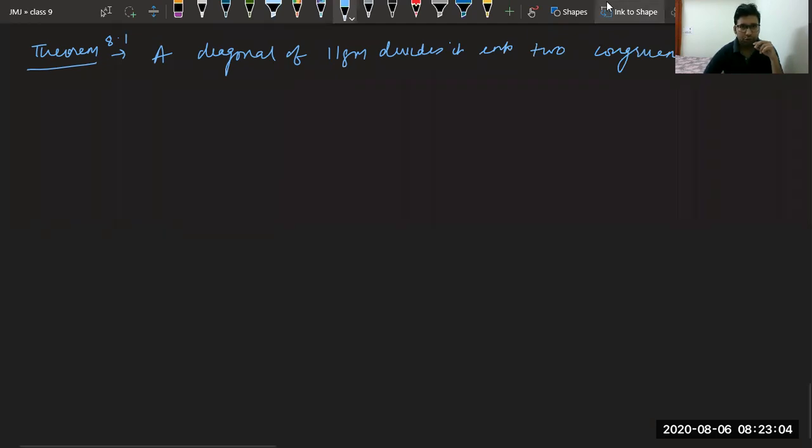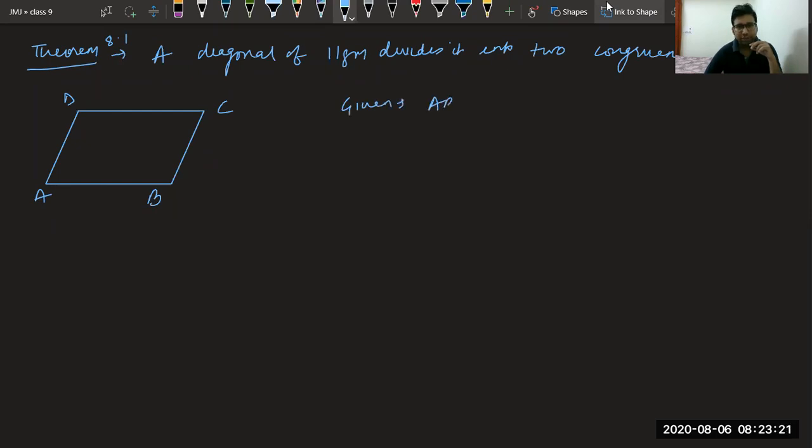Let me show you what to be done so that you can prove it on your own. Suppose this is a parallelogram ABCD. Yes, it is very easy. So what is given to you? Given is ABCD is a parallelogram. You have to prove that the triangles are congruent by the diagonal.